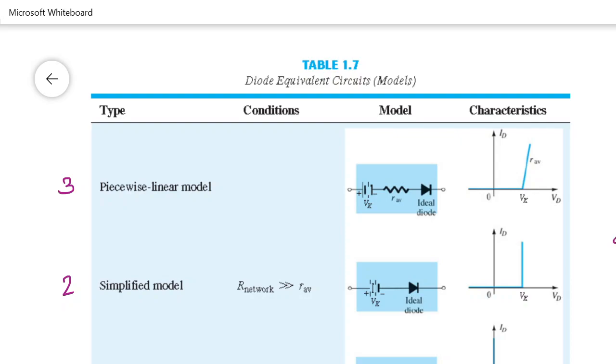If you apply the ideal approximation, then I is simply 10 by 10, which is 1 milliampere, because the voltage drop across the diode is 0.